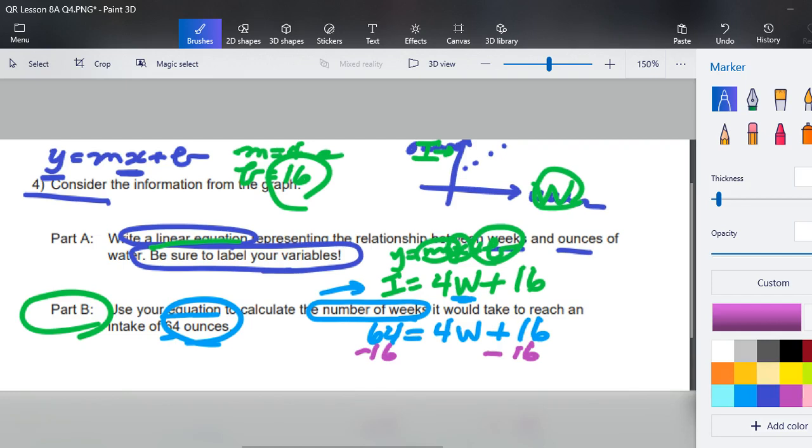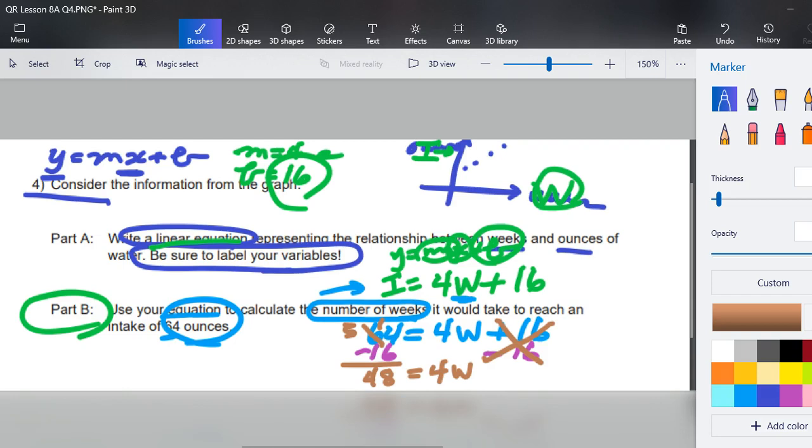It may sometimes be a little bit of a chore, but in this case, we're going to subtract 16 from both sides. And when we do, this number looks very familiar to what we had gotten earlier. Here's a 48 equals 4W. It doesn't seem like I got 48 a while ago.